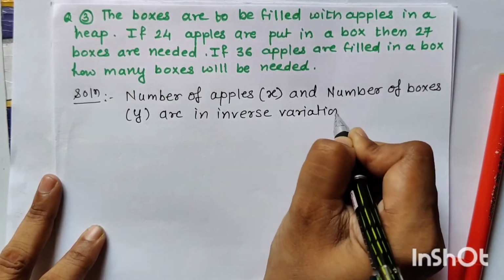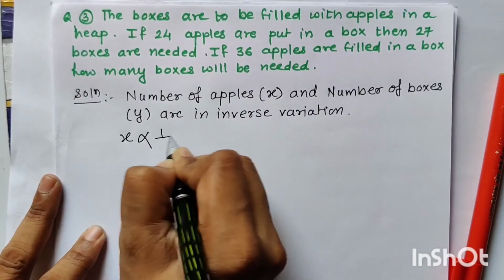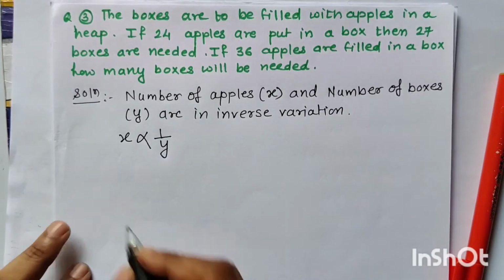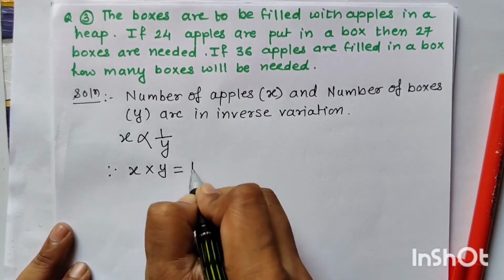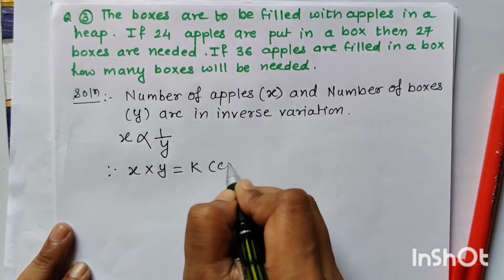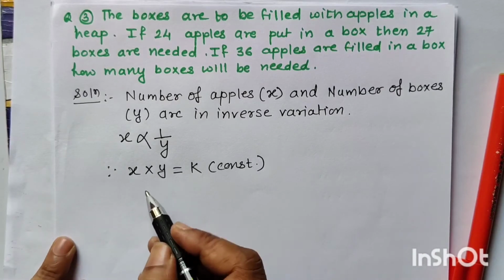Write in the symbol form. Immediately after this we write the symbol form: x inversely varies with y. And after writing the symbol form we write the equation form: x into y is equal to k, constant. Now you all know the equation form for the inverse variation.